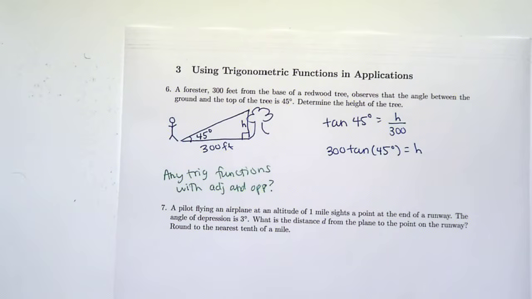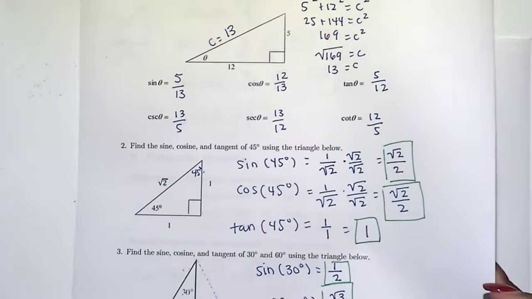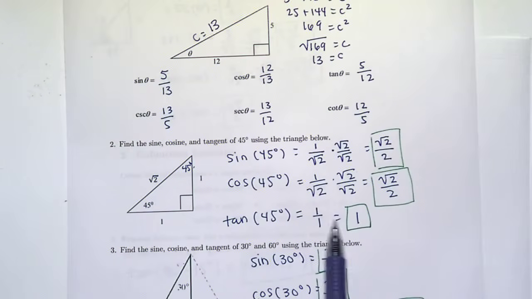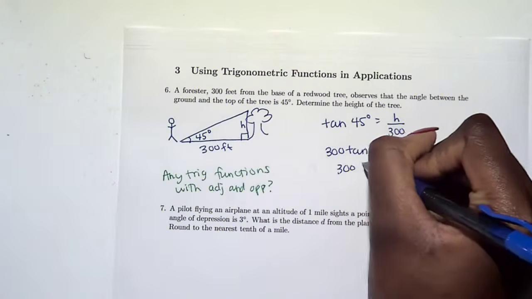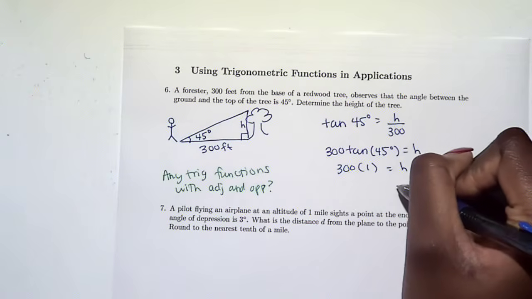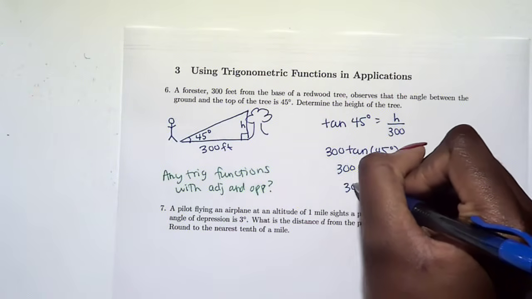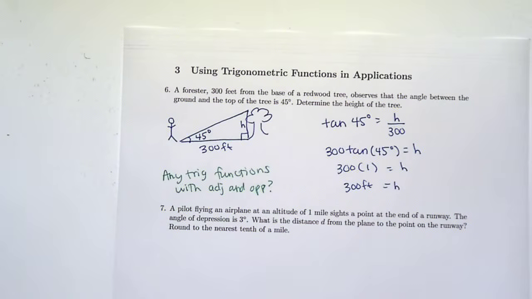And what is tangent of 45 degrees? Well, that's something we've already found today. Tangent of 45 degrees is 1. So the height of the tree is 300 feet.